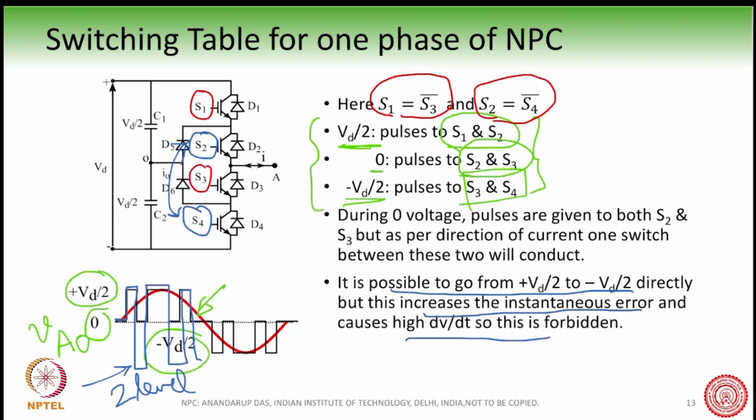Okay, and so this will be very detrimental to many applications, also in terms of generating noise in the system. So therefore, we actually avoid this one, and we will always go from plus to 0 or 0 to minus and vice versa. Okay, like what I have shown in this diagram.